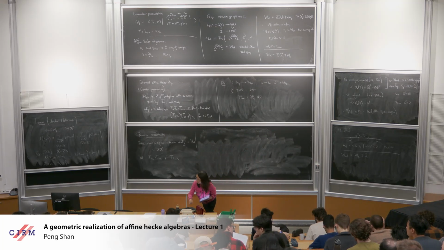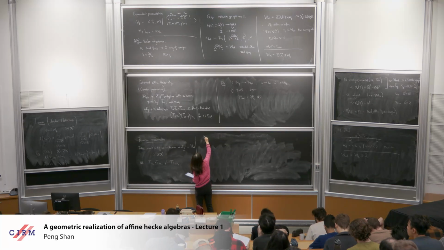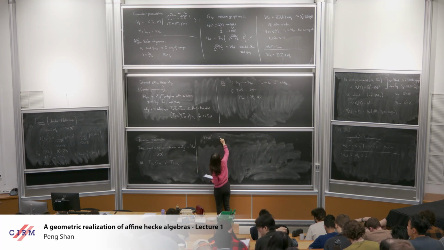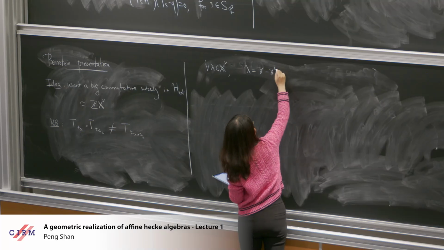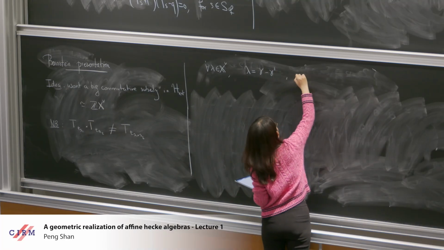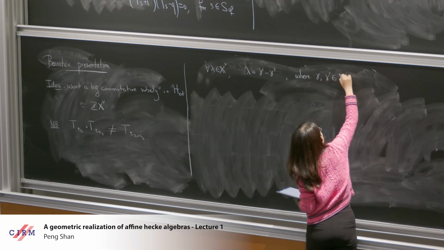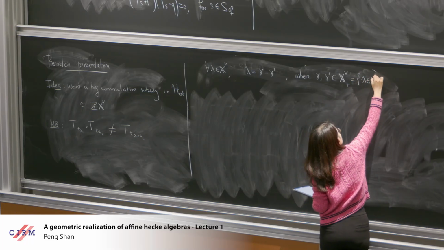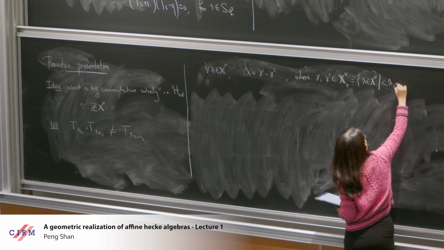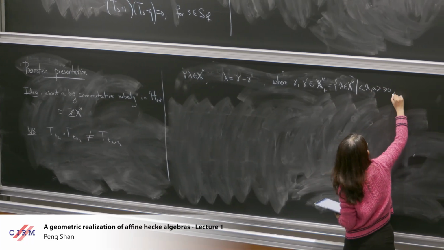For any lambda, you write it as a difference of two dominant co-weights, where gamma and gamma prime belong to X check positive. This is all the elements such that when you pair with positive roots, this is positive.